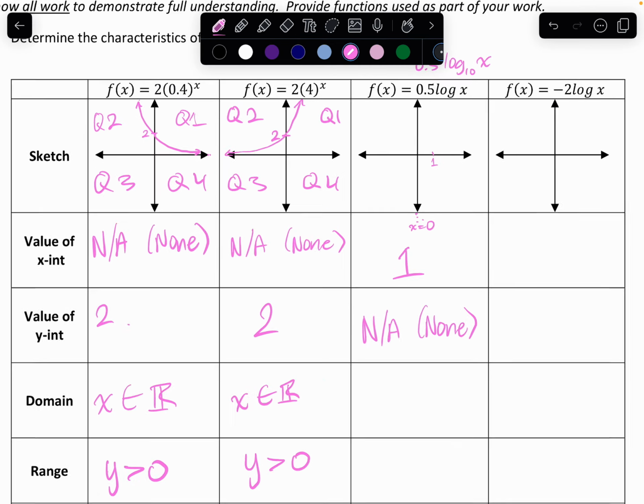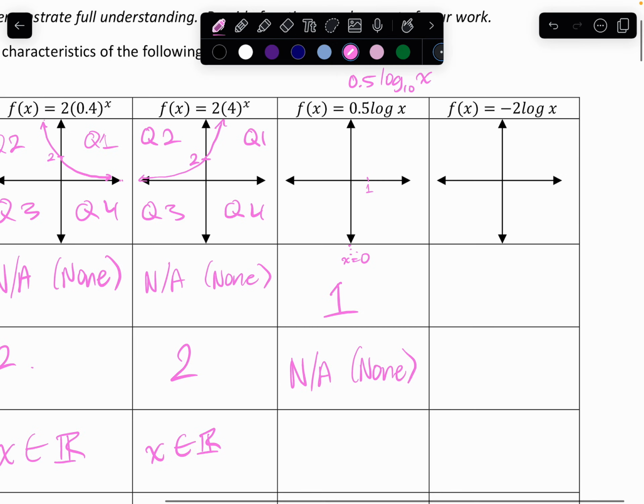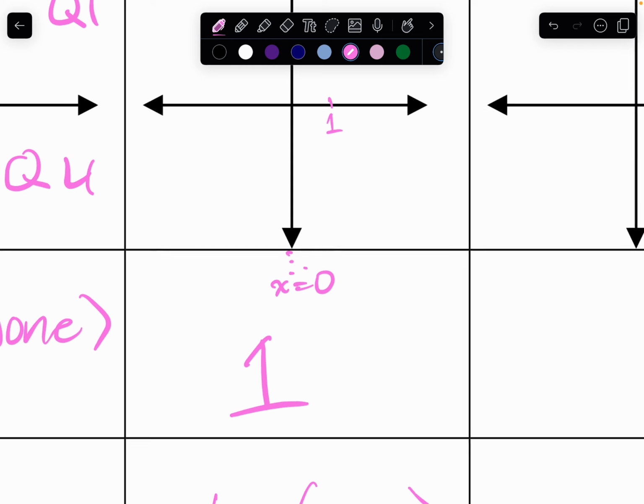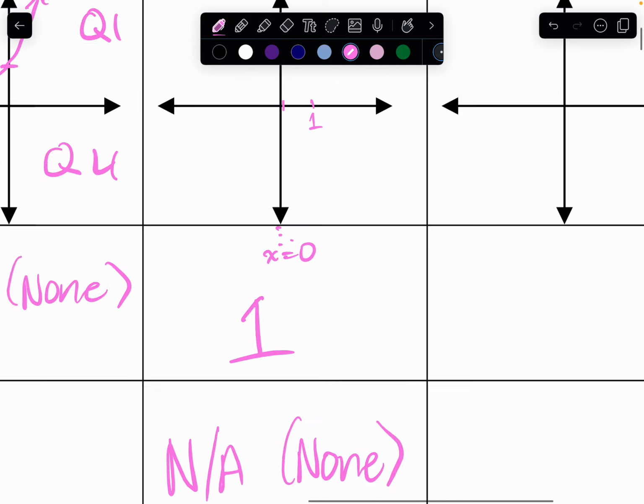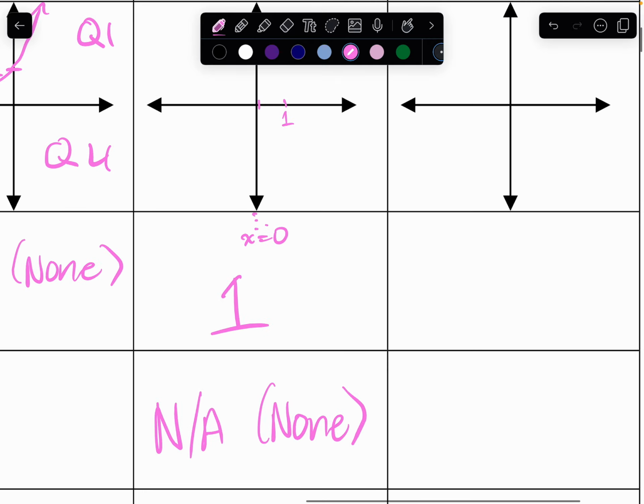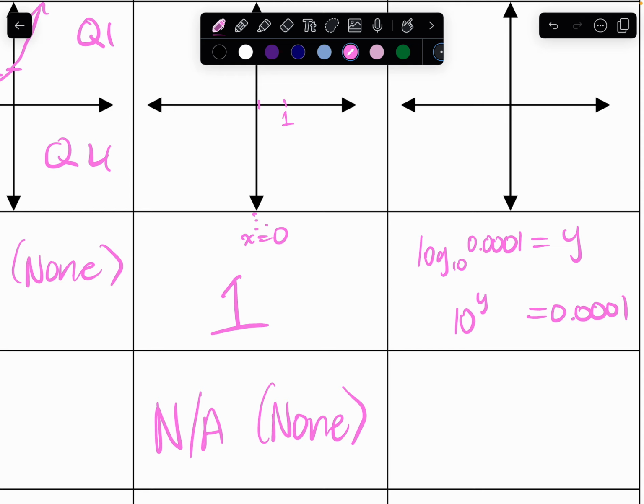Next question, the range. Well, let's have a look. If we make x really small, but not 0, because remember it can't be 0, it can't be over here. So let's make it like here, like 0.00001, right? What will the number look like? Well, log 10 equal y. 10 to the y equals 0.001.